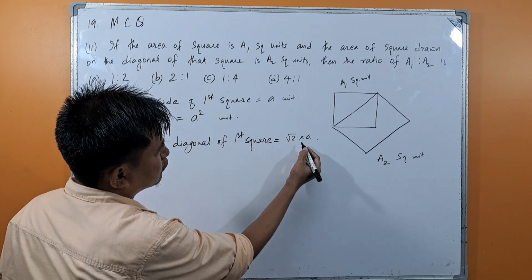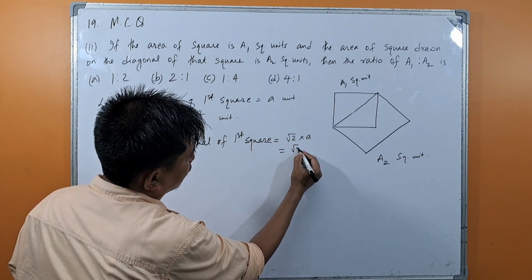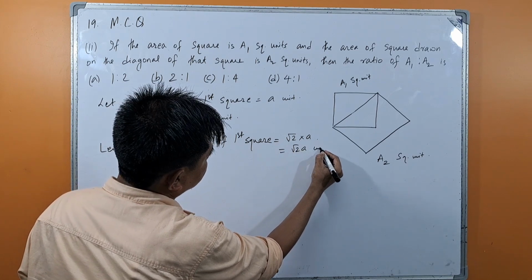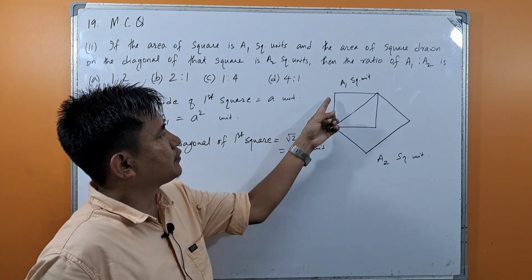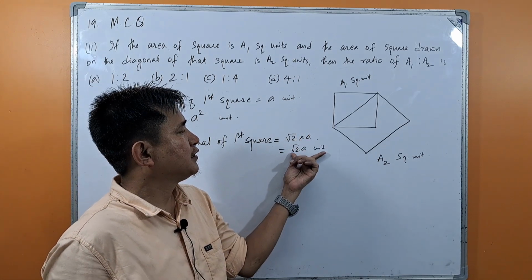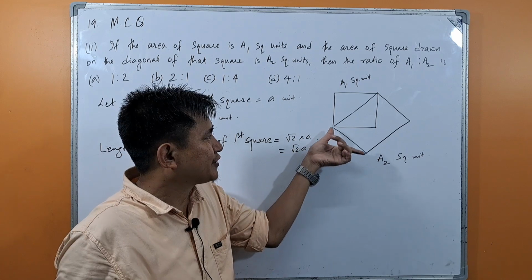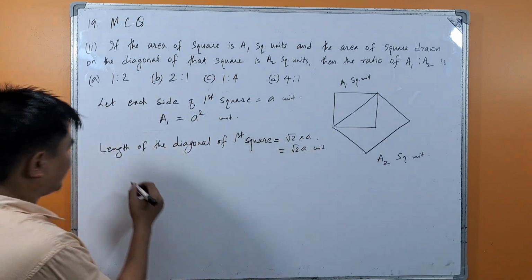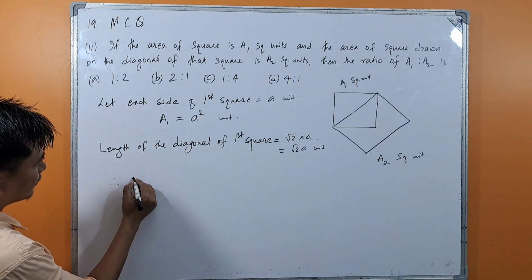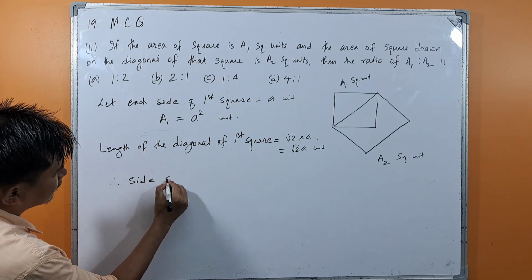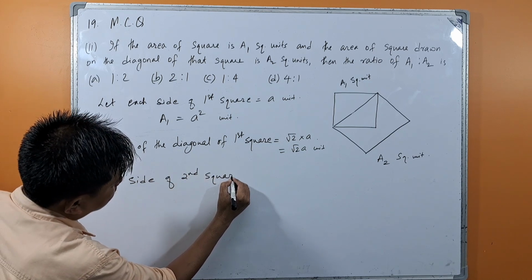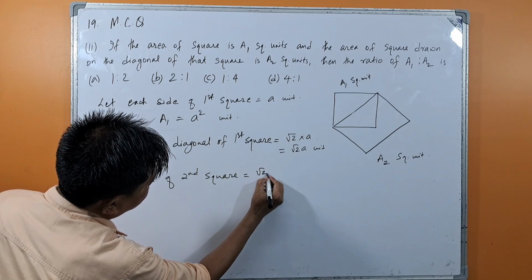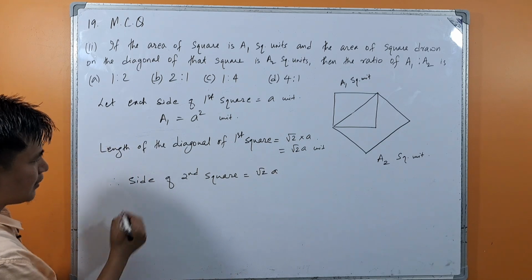Okay, root 2A unit. This is the length of the diagonal of the first square, but this is the each side of second square, isn't it? Therefore side of second square equal to root 2A, isn't it?